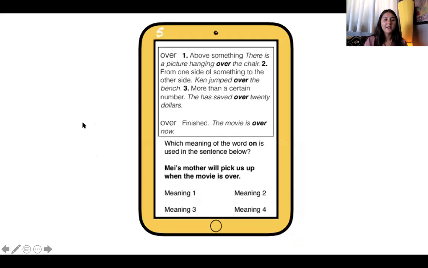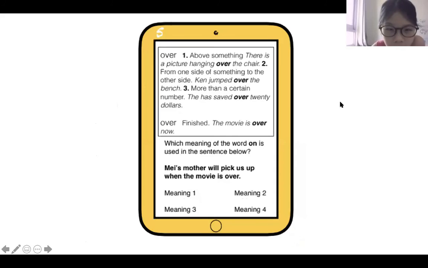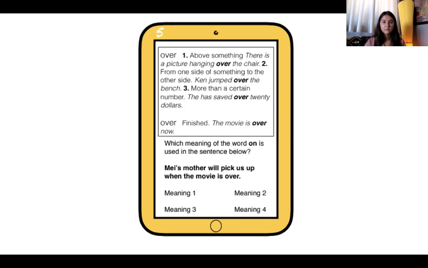Okay, have a look. New dictionary entry. Will you please read that for me? Over. One: above something. There is a picture hanging over the chair. Two: from one side of something to the other side. Ken jumped over the bench.